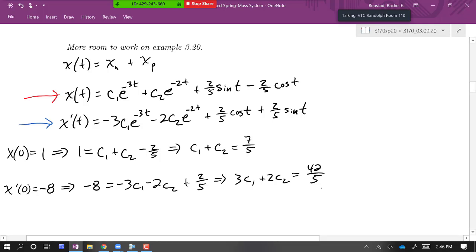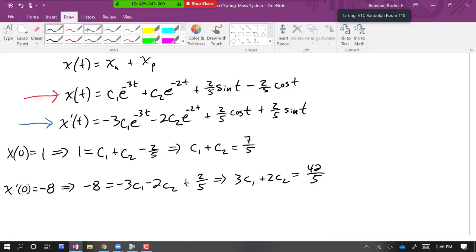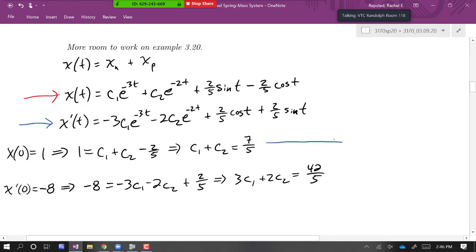Okay, so we have a system of equations we need to solve again. We could do it by hand without too much trouble. I'll take this top equation and multiply it by negative 2, and I'll leave the bottom equation as is.